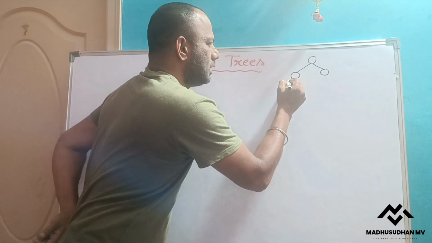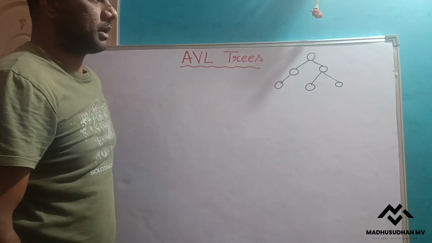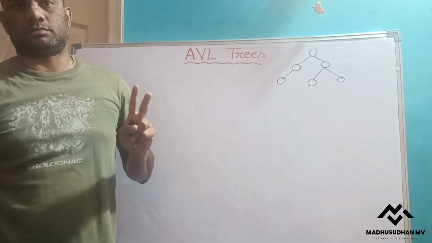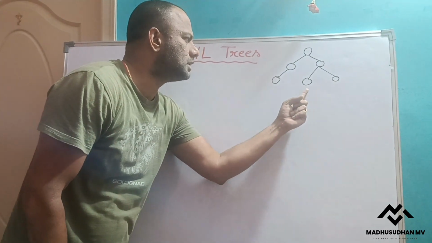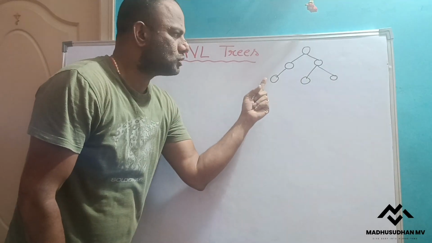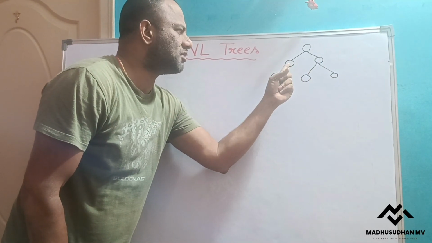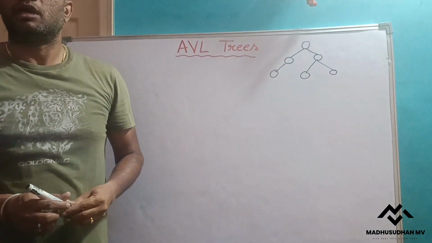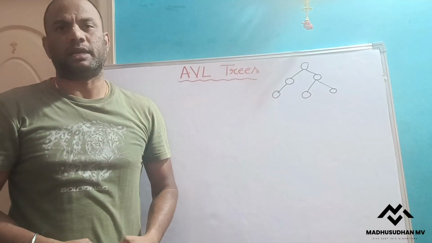Any node can have two, one, or zero children. Nodes which don't have any child nodes are called leaf nodes. This node has two children, this node has only one child, and this has two. So any node can have only a maximum of two children. That is a binary tree.